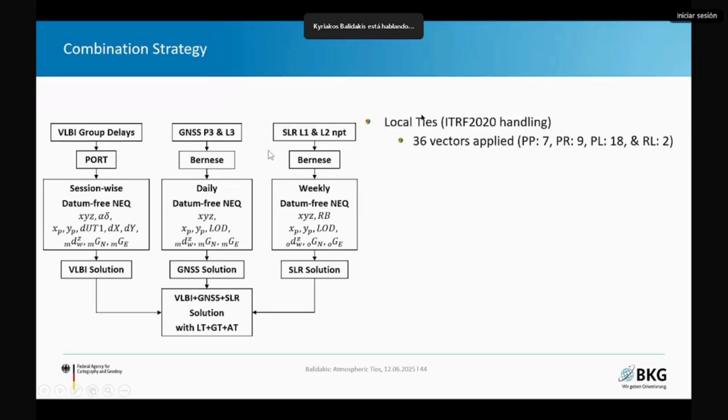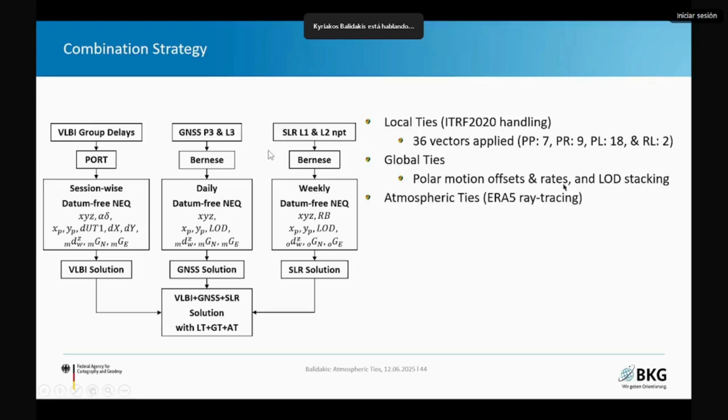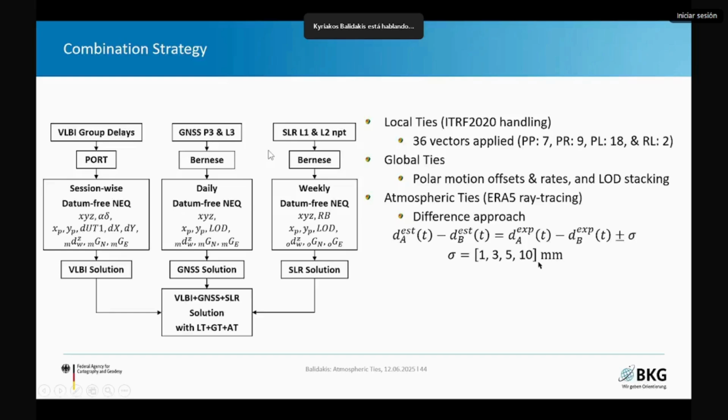So for the local ties, in total there were 36 vectors. Local ties are station coordinates, global ties are Earth rotation parameters, atmospheric ties are zenith delays and gradients. In this study there were two approaches. In one approach we constrain the difference between the delays at collocated stations.